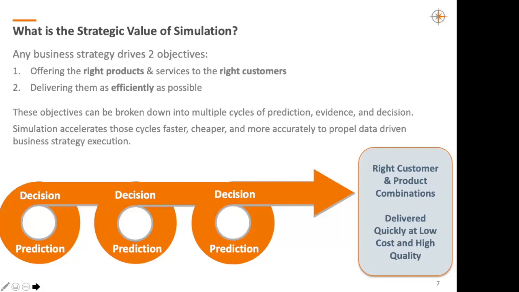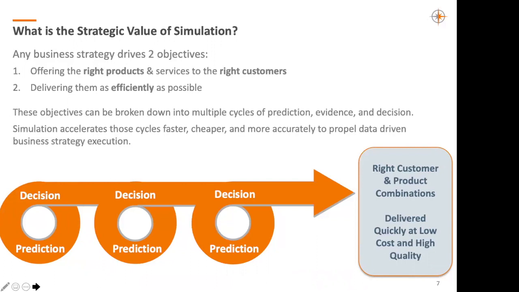And in the past, that's been done through really a series of cycles, of predictions. We think these are the right customers, or we think these products will be a good fit. And we think that this way to manufacture them, or these services, the way we do them in these processes today, will get it to them in the most efficient manner.